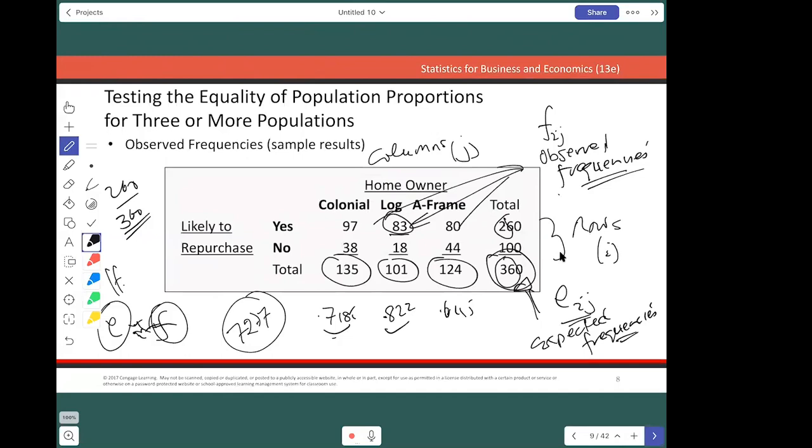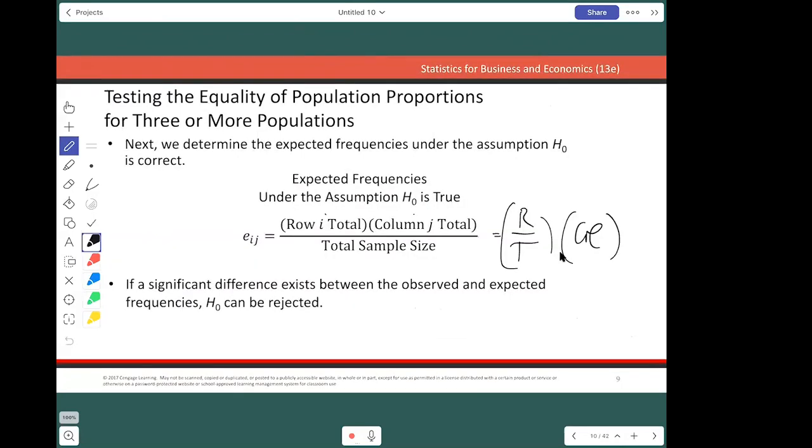That's where we get this formula: row total times column total over the grand total, or the total sample size. For the colonials, I multiplied by 135 to get how many of those people I expect to repurchase.